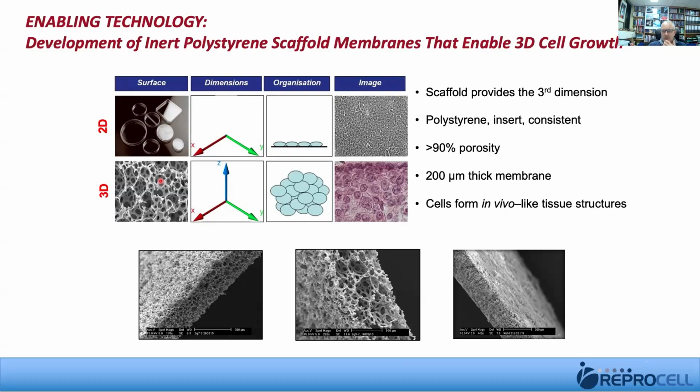And this allows the cells to build up three-dimensional structures. If you look at the bottom right image, you'll see that this scaffold, you cannot see the actual structure of the material because it's now full of cells. So essentially what we've produced here is a 200 micron thick slab of tissue-like material. So that's the basis of the scaffold.